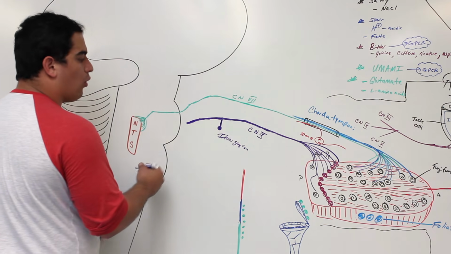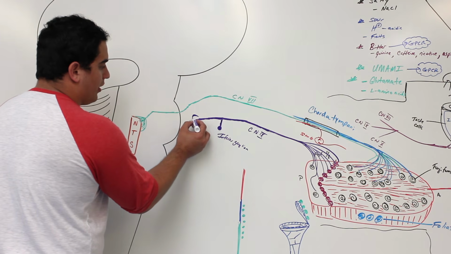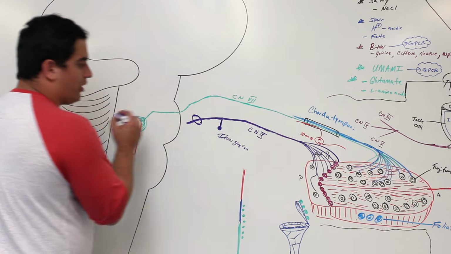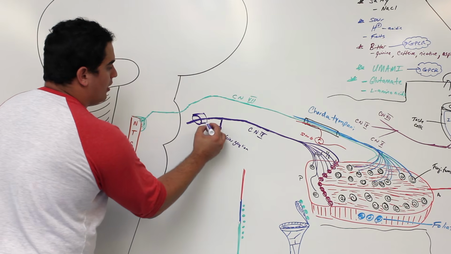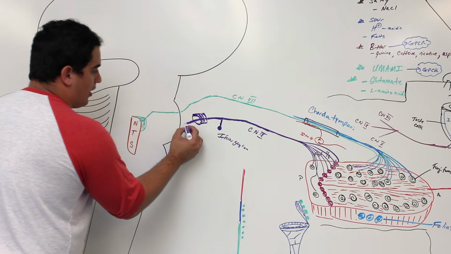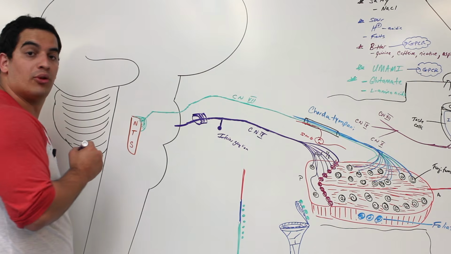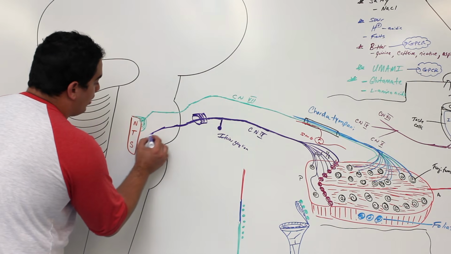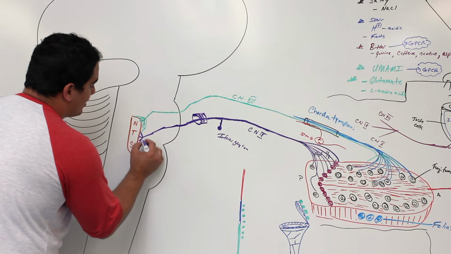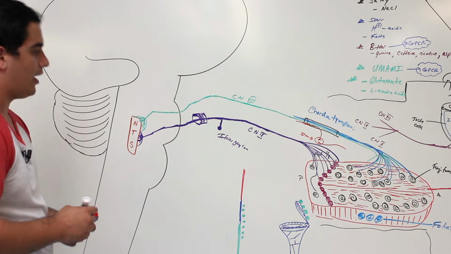It actually runs through a little hole called, if you really want to know it, the jugular foramen, and it moves through the jugular foramen here. And then it comes into the medulla, right? When it comes into the medulla, it supplies, yeah, you guessed it, nucleus of tractus solitarius, right?